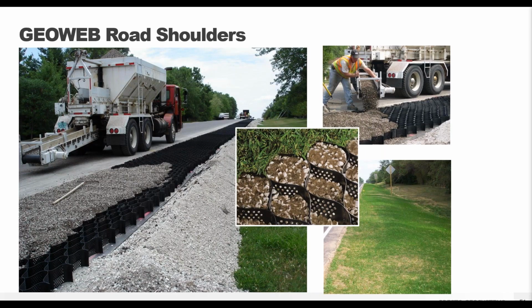And the GeoWeb system can be a great option for extending your road shoulders along all types of roadways, including highways. And so you can actually fill it in with stone for an aggregate shoulder, or you can fill it in with what we call engineered fill, which is a mixture of aggregate and topsoil. It allows for full vegetation growth while still supporting those full vehicle loads.